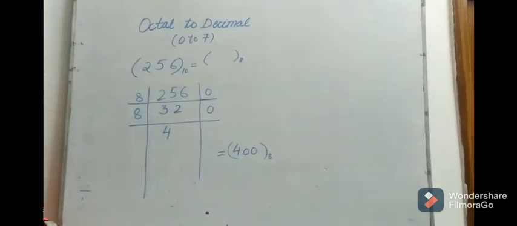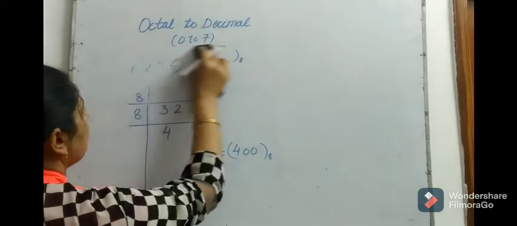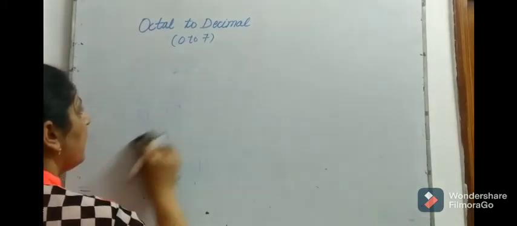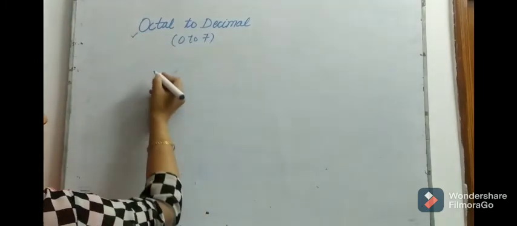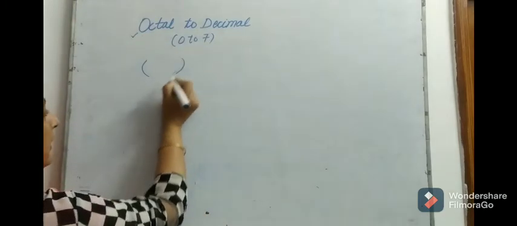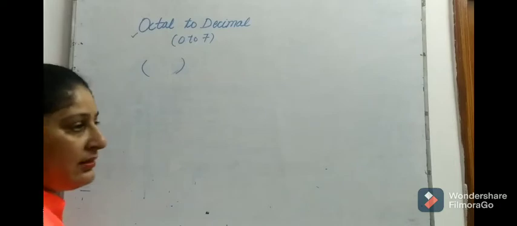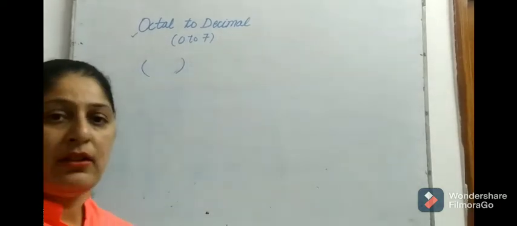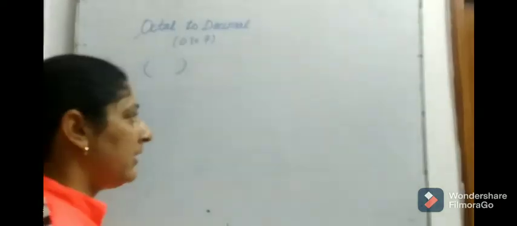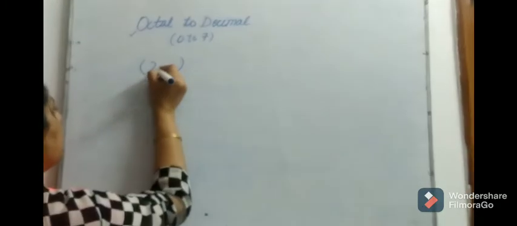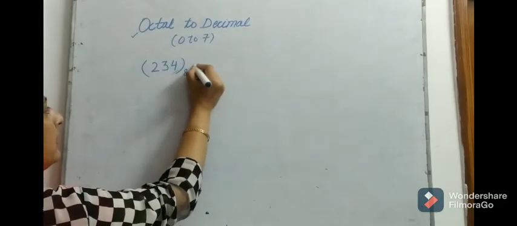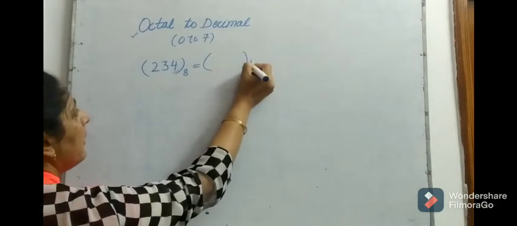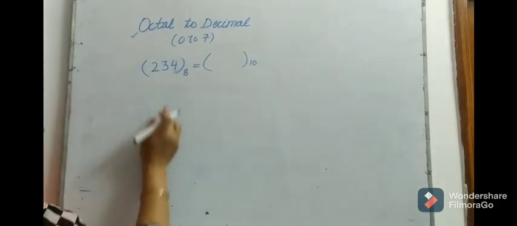Now the vice versa case. Now we are going to convert octal to decimal. My octal number, as I said, cannot have a digit more than 7. So let's take the example 2, 3, 4. This is an octal number and I need to convert it into a decimal number. How will I convert it?